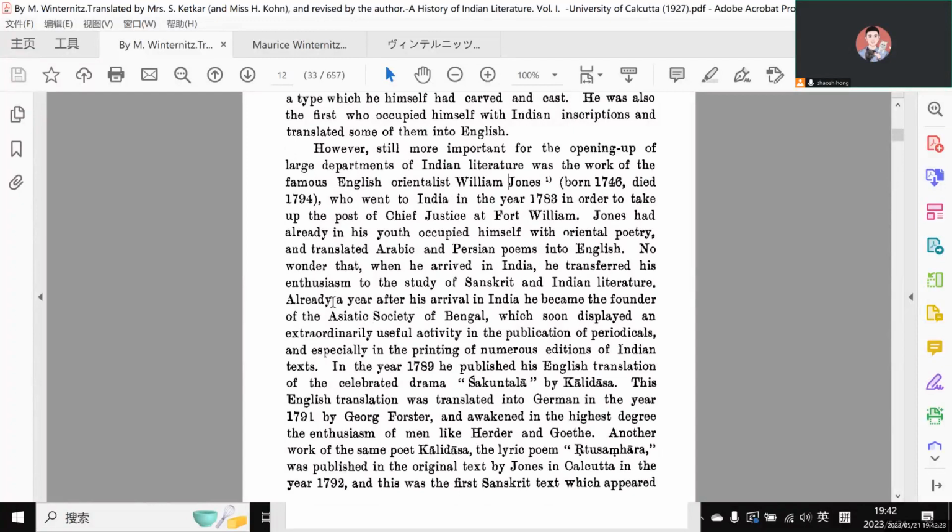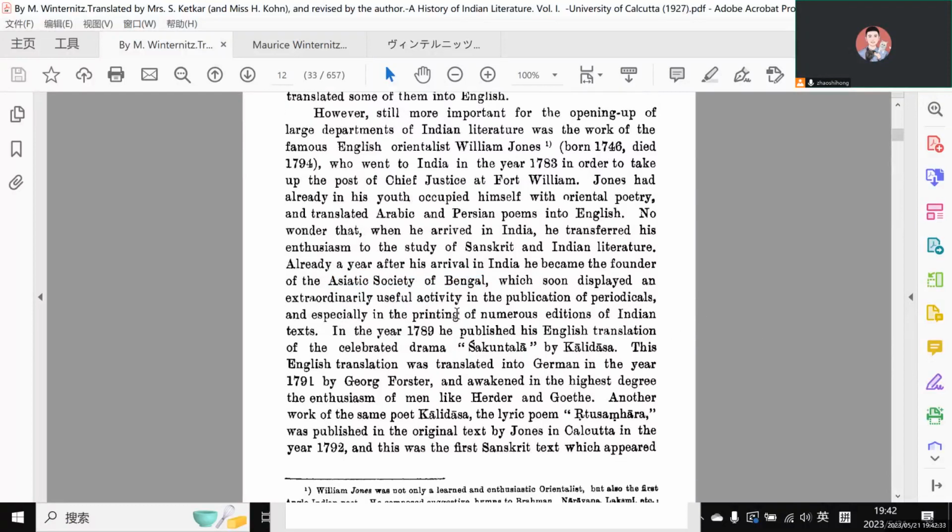Okay, let's see what William Jones did. You see here, the Asiatic Society of Bengal, located in today's Calcutta, where I have also visited. Also other things, yes. He also did some editions of Indian texts, especially introducing the famous drama Shakuntala to the European world.